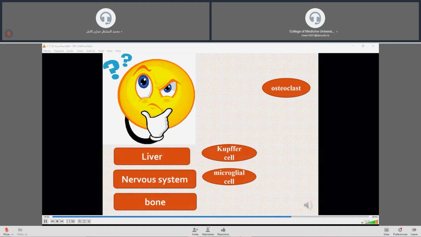The cytoplasm is granular and vacuolated, containing a large amount of lysosomes, because its function is to engulf any foreign particle or microorganism and destroy it.